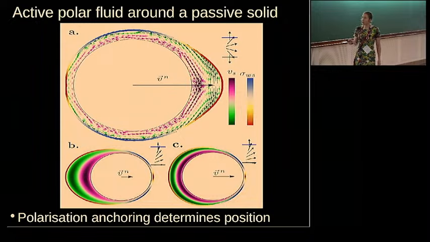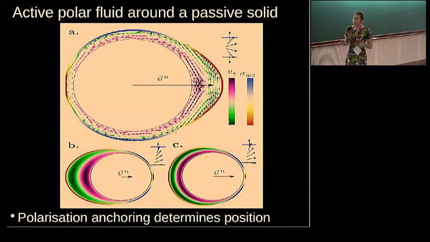So this circle here is a passive inclusion, and then I have a thin layer of active polar fluid surrounding that. And the thickness is an output of the calculations and not an input. Now, the motivation for this is that this is a simple model of a cell with a nucleus inside it. And the reason that we looked at this is that I was interested in how the actomyosin material propels the cell and the nucleus inside it.